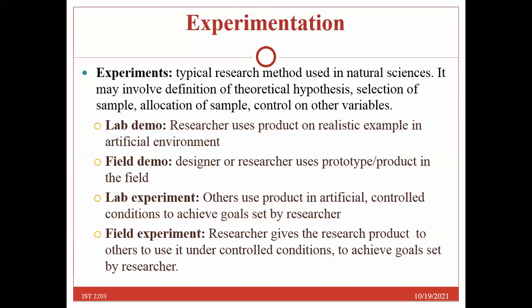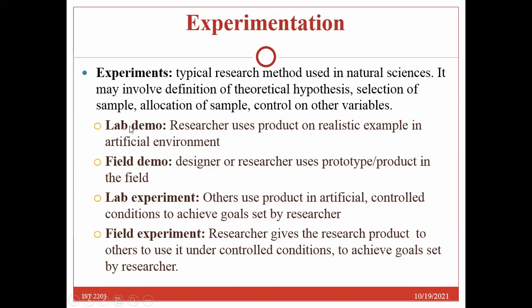And then the different types of experimentation. So we have a lab demo, where the researcher uses a product. All the terminologies used here are more in light of software, where you've developed a product and you want to test it, demonstrate it, and see how it works. So the researcher uses the product on a realistic example in an artificial environment.